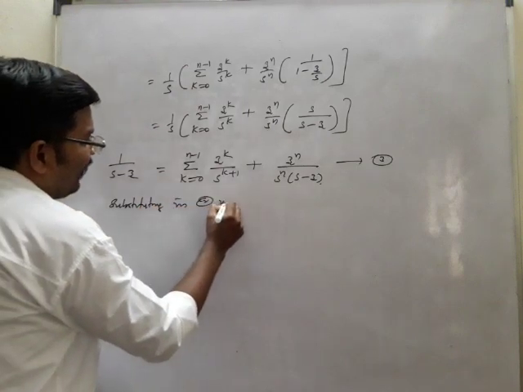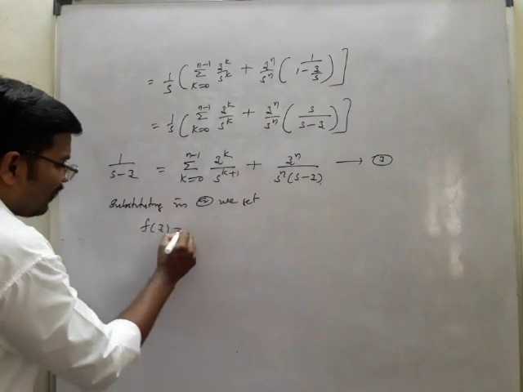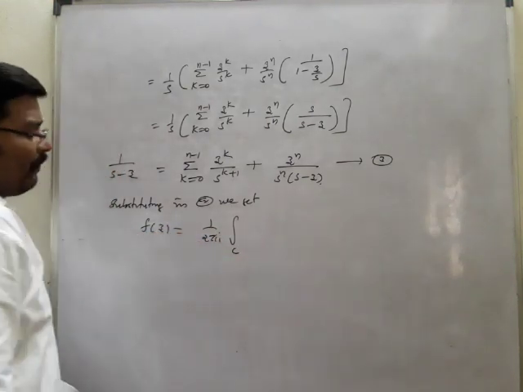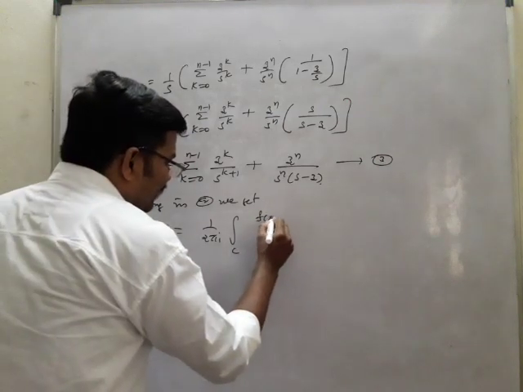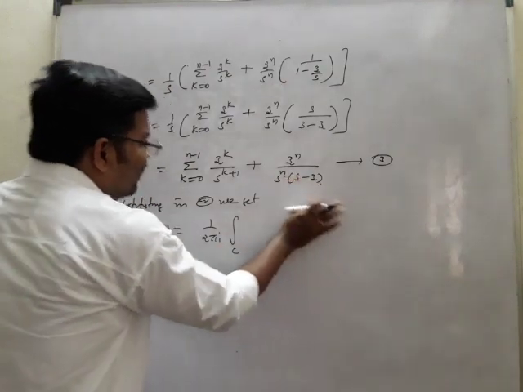in 2, we get... So what is that now? Cauchy's integral formula: f of z is equal to 1 by 2 pi i integral over c of f of s by s minus z. That 1 by s minus z value is this.